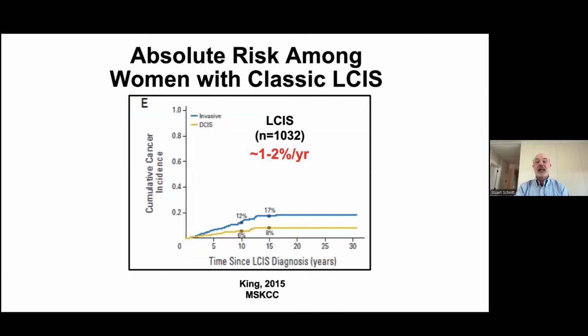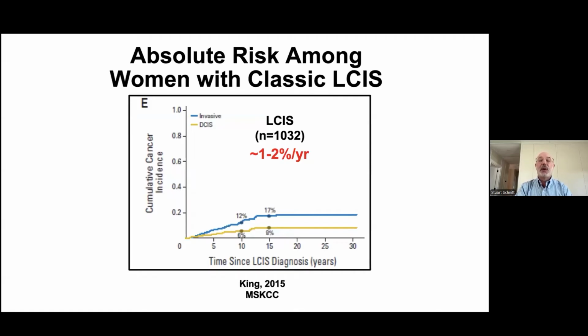Now, this is a study that Dr. King published a long time ago, almost 10 years ago, looking at the absolute risk of breast cancer among women with classic LCIS and long-term follow-up from Memorial Sloan Kettering Cancer Center. And you can see that there were over 1,000 women with LCIS with long-term follow-up.